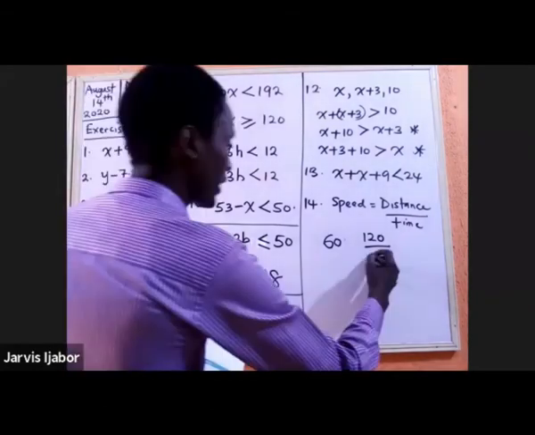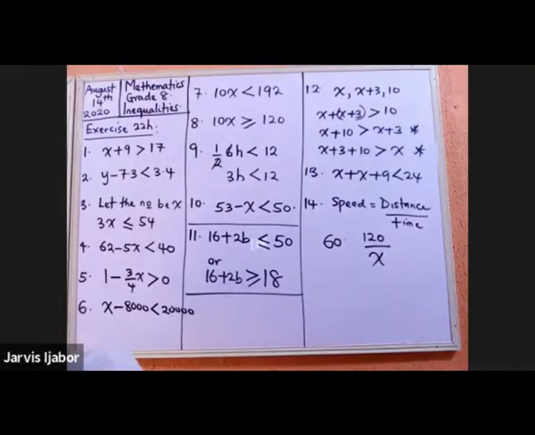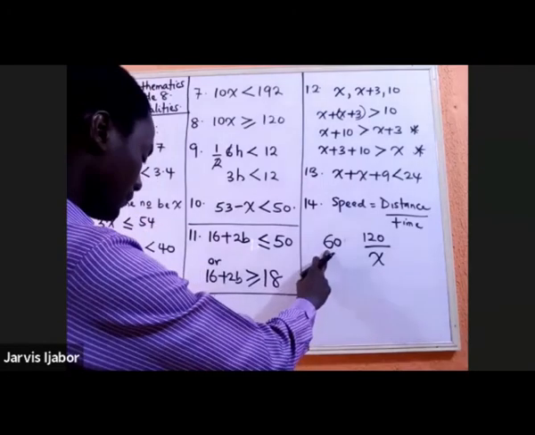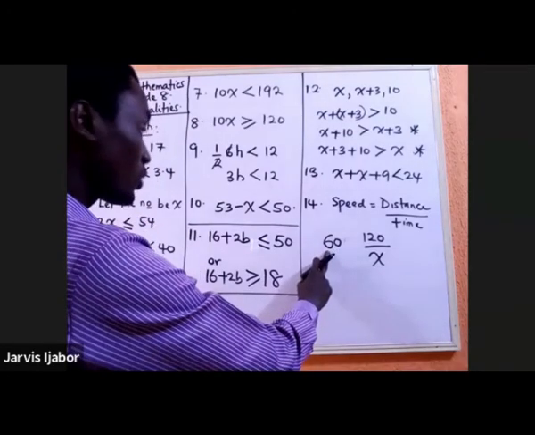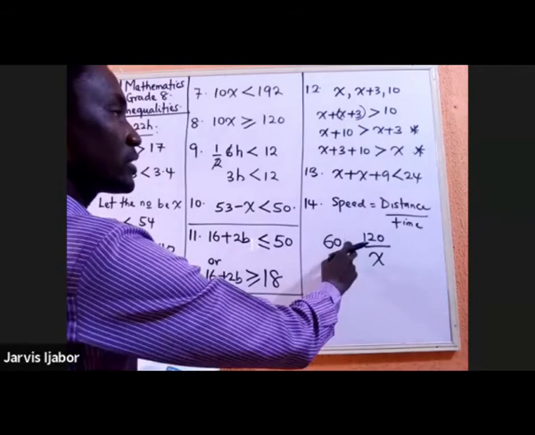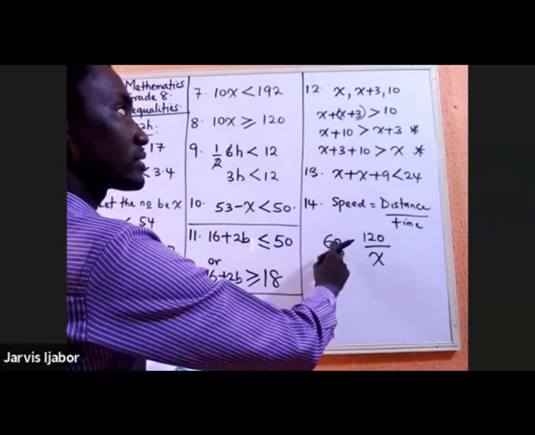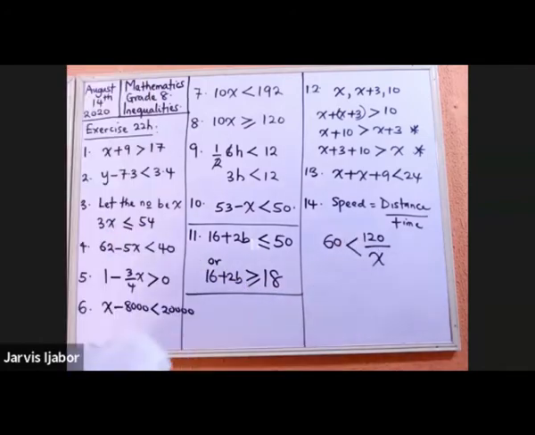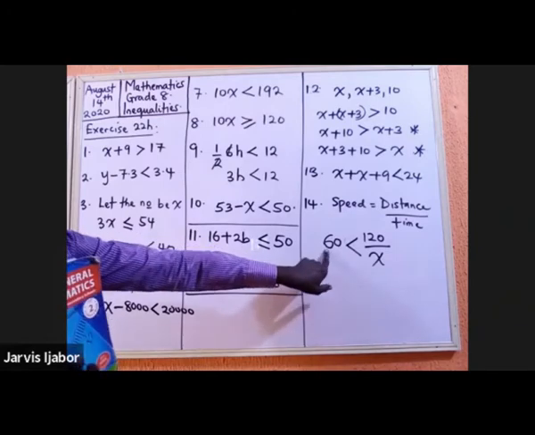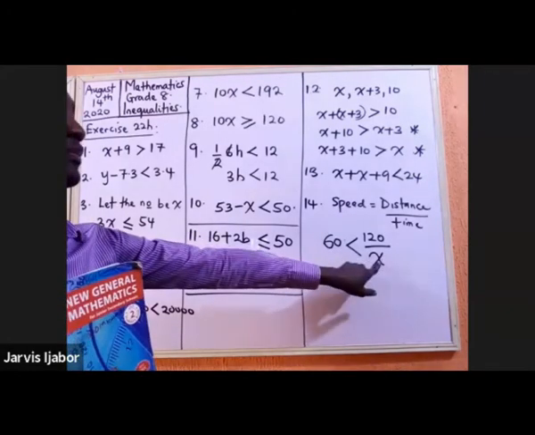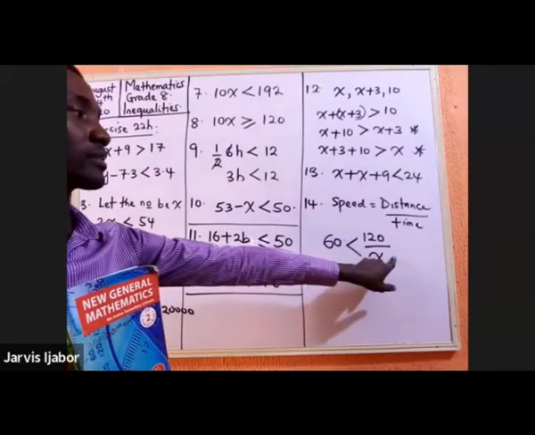Let's call that x. 60 kilometers per hour is doing less than this. So it means that if it's doing less than this, this will obviously be greater than this. Because if his speed is dropping, it means that the time he spends increases.